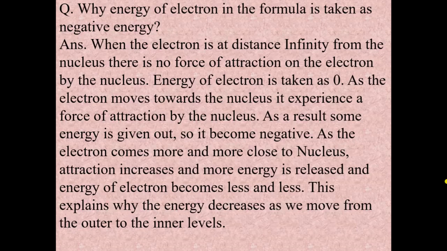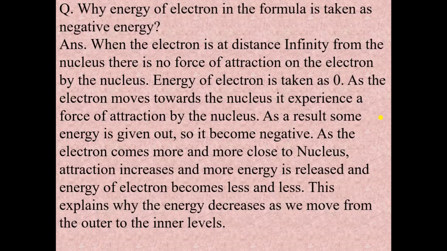When the electron comes near to the atom, there will be some force of attraction between the nucleus of the atom and the electron. So the energy of the electron will decrease as it comes near to the atom. Initially the energy of the electron was 0. Now the energy of the electron has decreased, so that means it will now be negative. As the electron comes more and more close to the nucleus, attraction increases and more energy is released, and the energy of the electron becomes less and less.